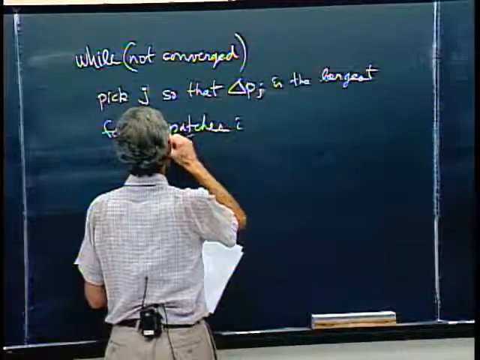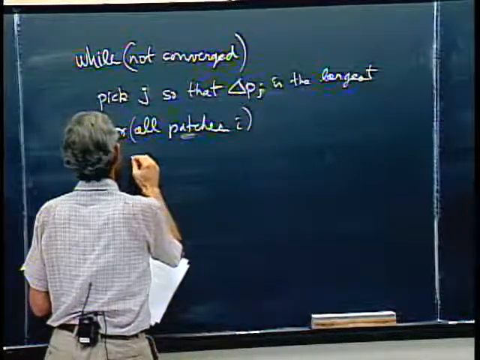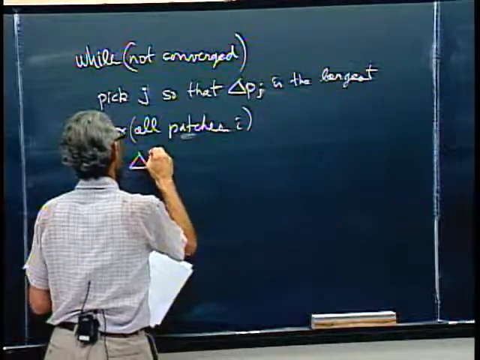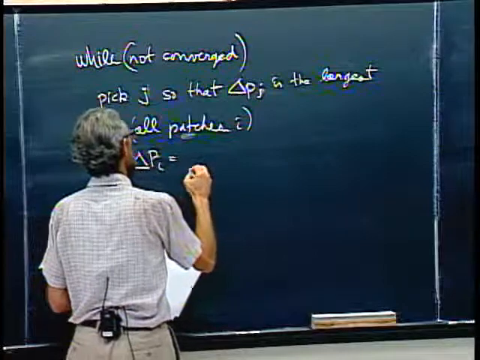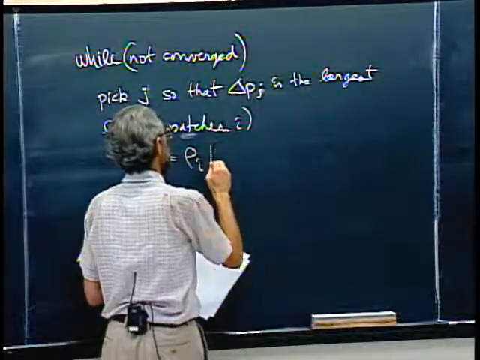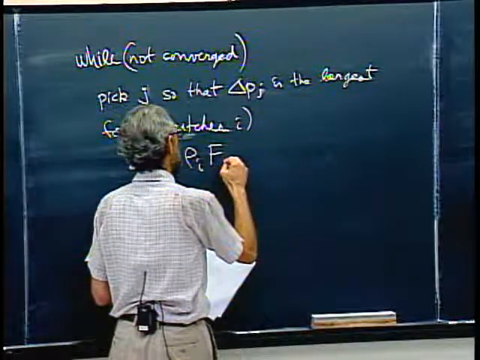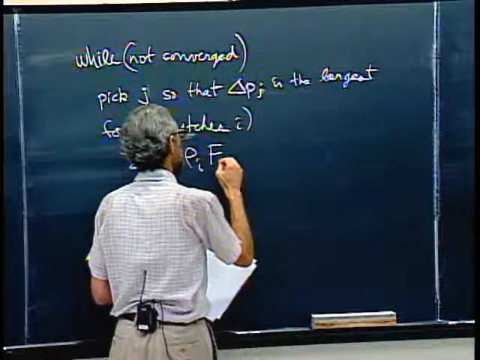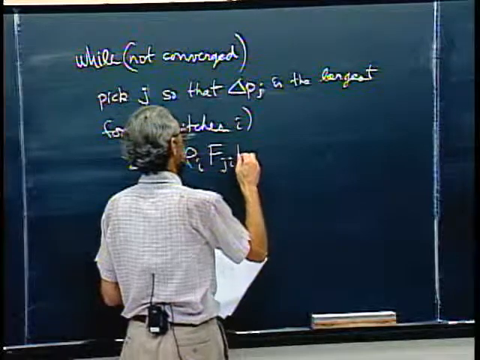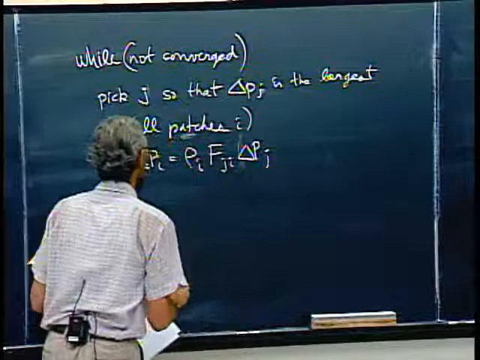For all patches I, the unshot power on patch I plus equals rho I times F, the fraction of the jth power that's going to hit patch I, times the unshot power on the jth patch.